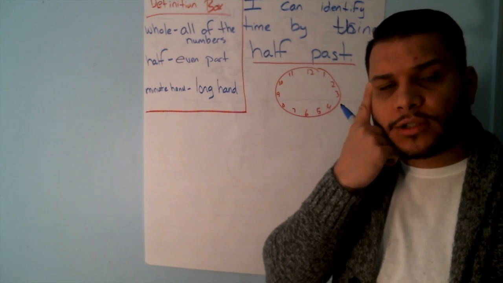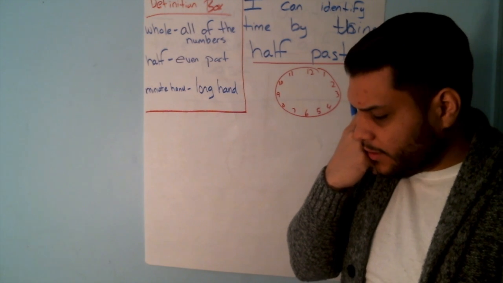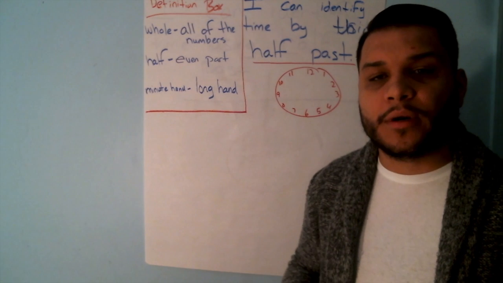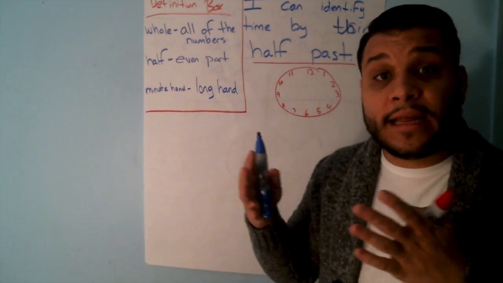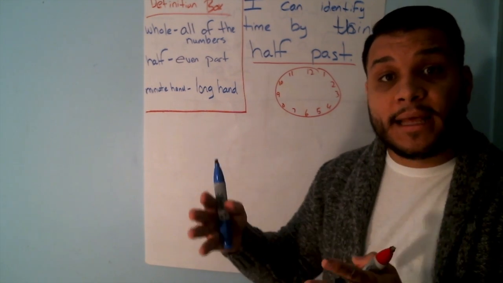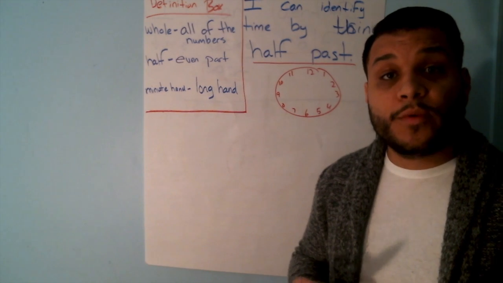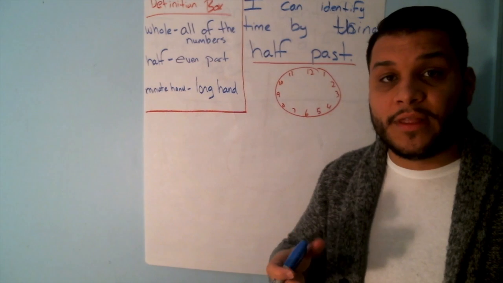Last week, we also utilized that word half. When did we use it? Oh, when we were talking about half an hour. So today, do we think that we're going to be using half an hour and our minute hand to show half past? Yes, we are going to be using our minute hand because we want half of the hour.